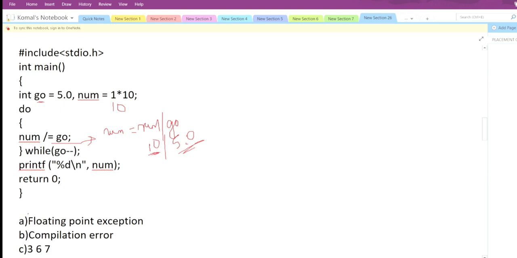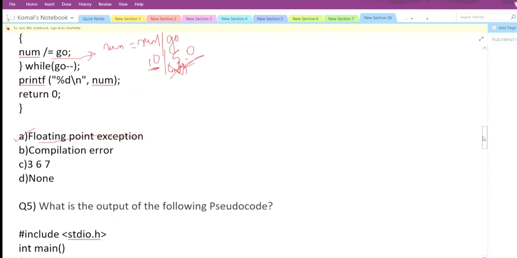So the answer is this. But if they have written here integer in the bracket, like means it is doing typecasting, then it will not give any error. For this the value of num will be 2 in that case. But now it is not doing any typecasting, it is just directly dividing integer with float, so it will give you floating point exception. So the answer for this is floating point exception.